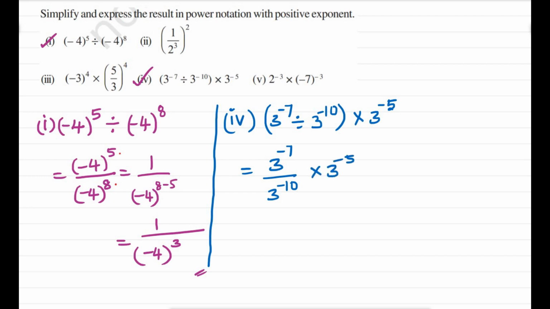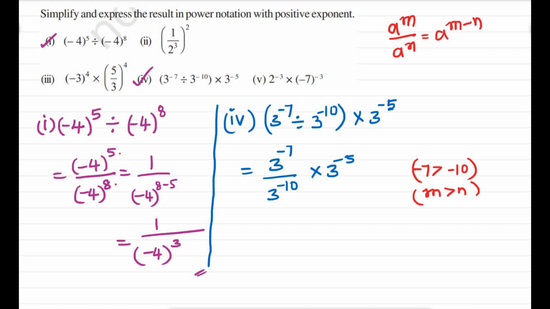We can solve this in multiple ways. I'll solve it as usual, like the previous one, using the law a power m by a power n. Here minus 7 and minus 10 are there. Minus 7 is greater than minus 10, so I'll use the condition that m is greater than n, where I can write a power m minus n.